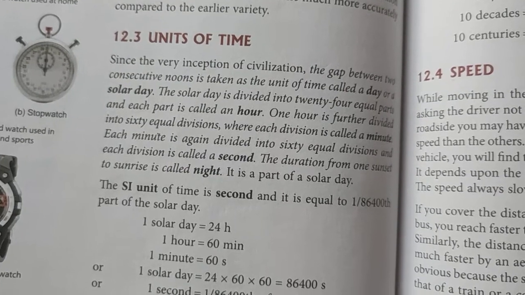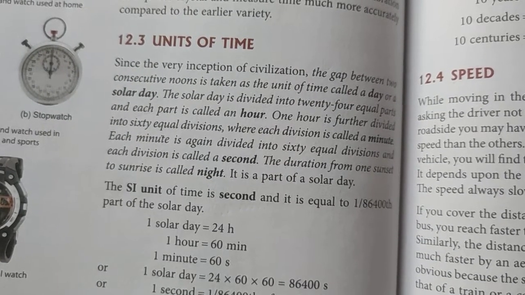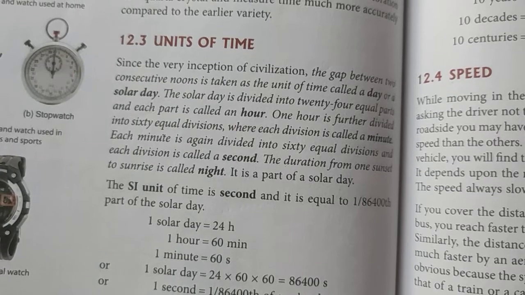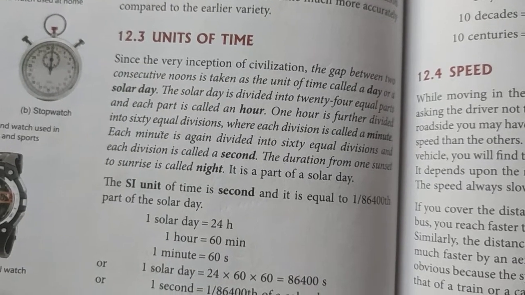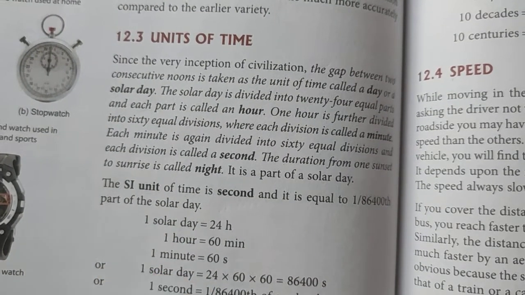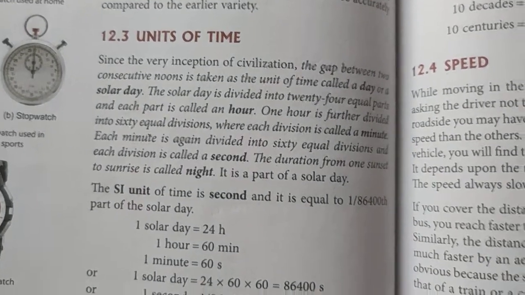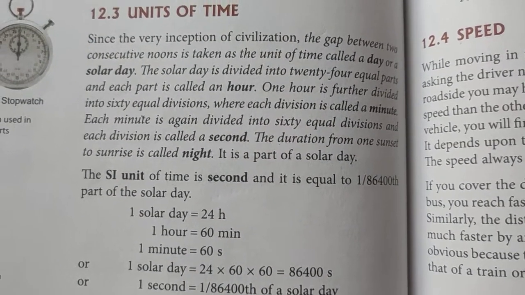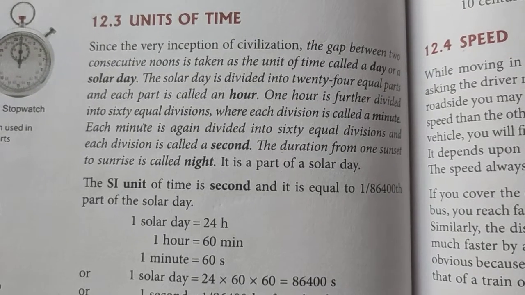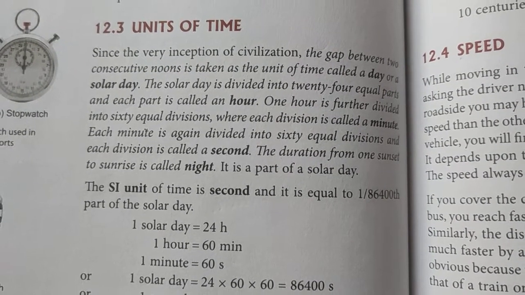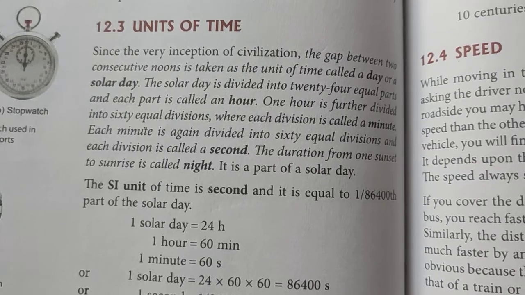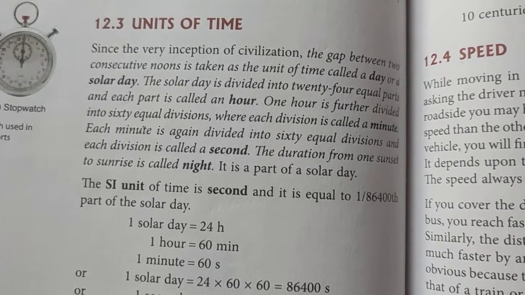Okay, this solar day was divided into 24 equal parts, and each part was known as an hour. So now also we have one day, and the one day is divided into 24 hours. It's the same thing. Now 1 hour was again divided into 60 equal divisions, and these equal divisions were known as a minute.